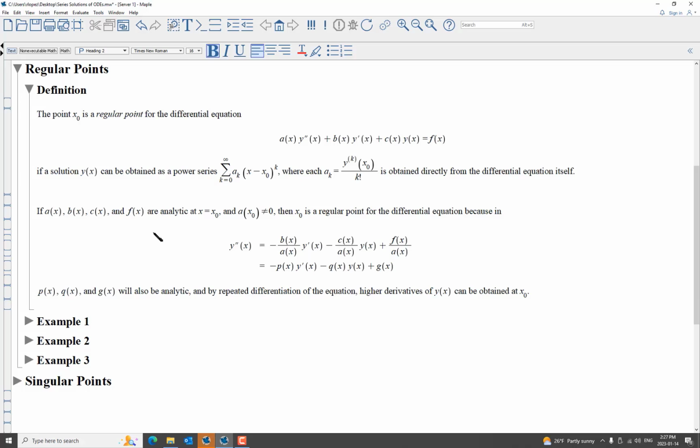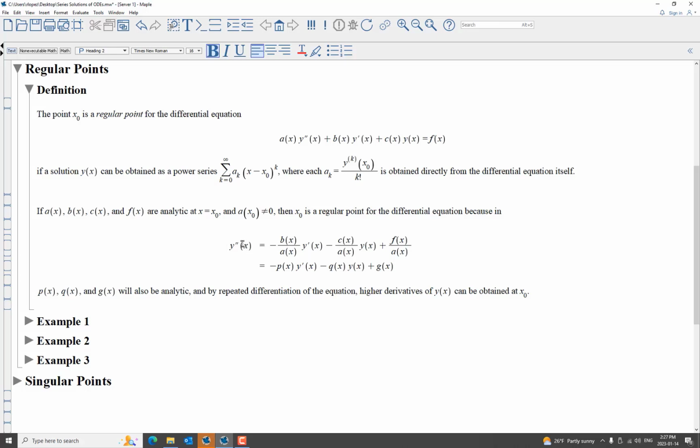And when will that happen? If the coefficients a, b, c, and f are analytic at that point, and this leading coefficient does not vanish at that point, you could divide by a of x, and then you'll see that you have three analytic functions.